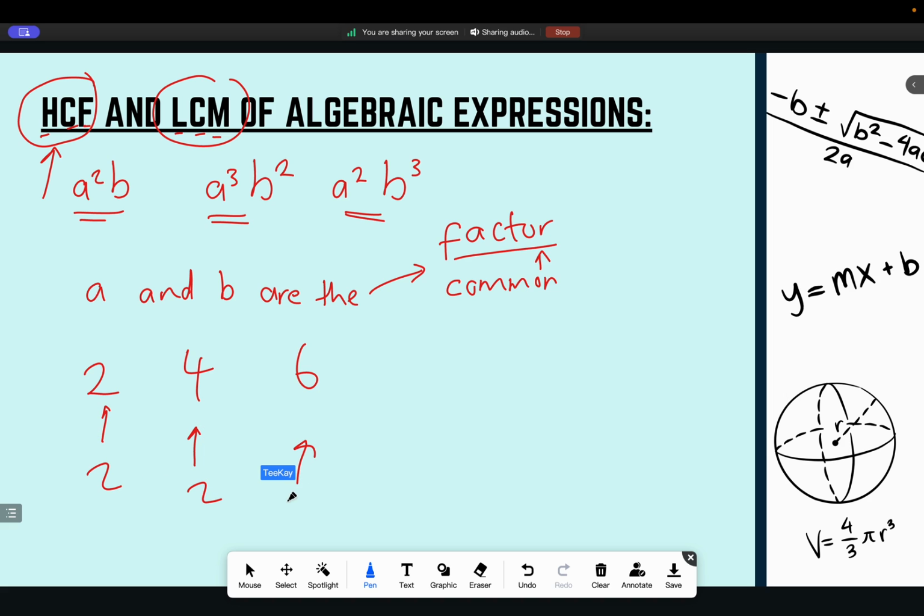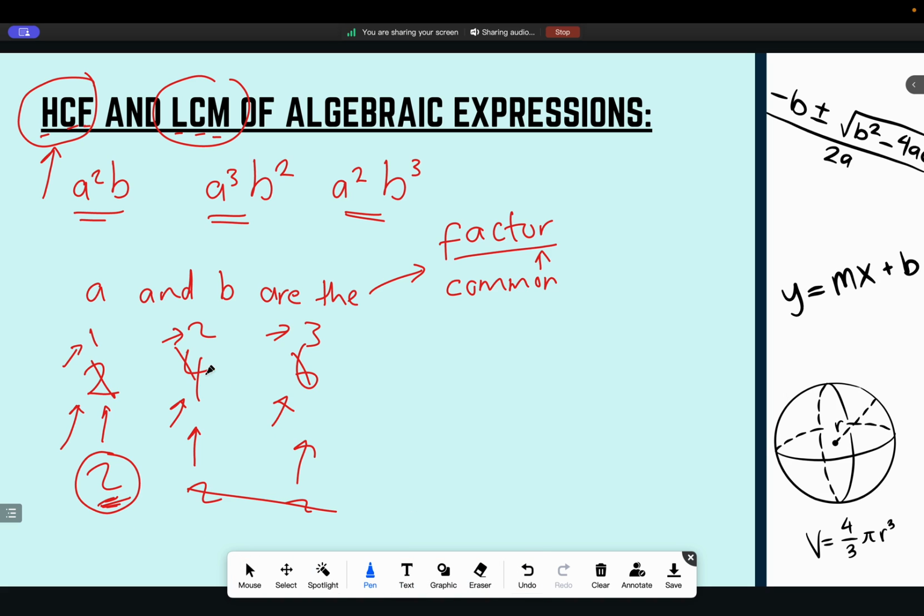Now we have 1, 2, and 3, and the highest common factor is 2, because after this no number can divide 1, 2, and 3. So our highest common factor is 2.